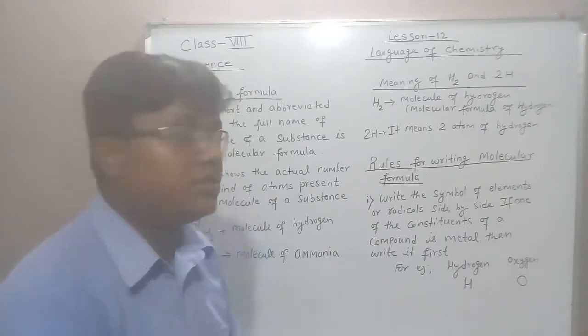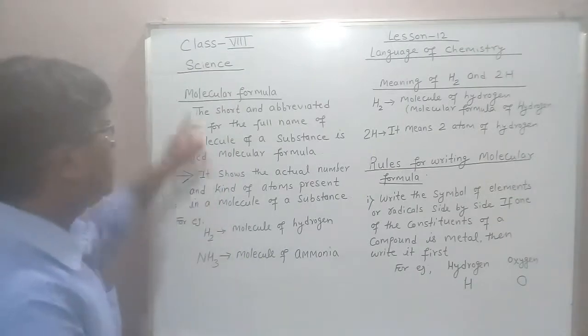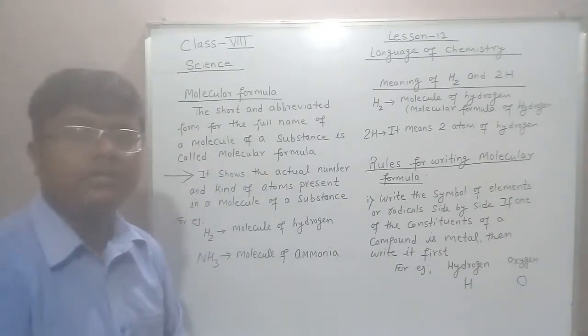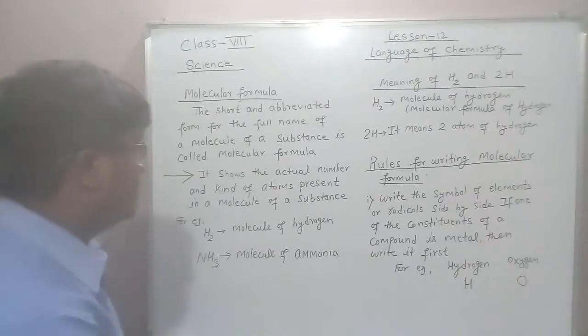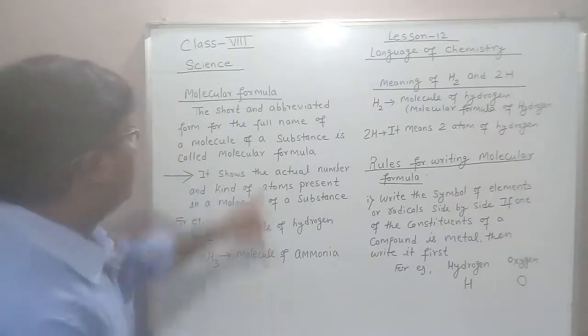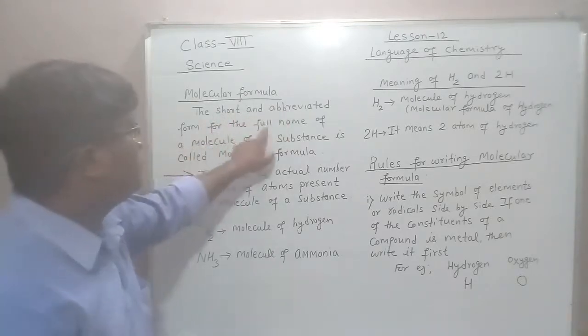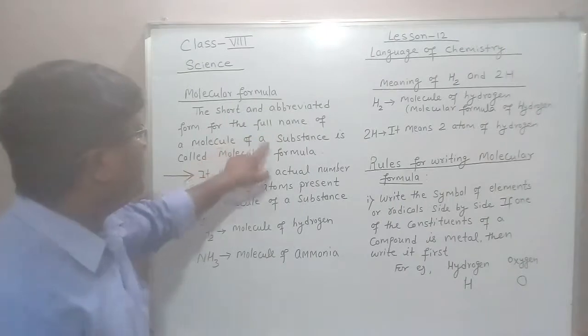Okay, so let's start today's class. Our topic today is molecular formula. What does molecular formula mean? Molecular formula is the short, abbreviated form of the full name of a molecule of a substance.